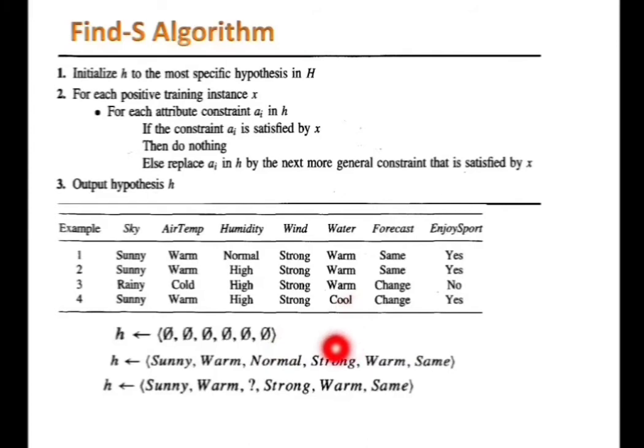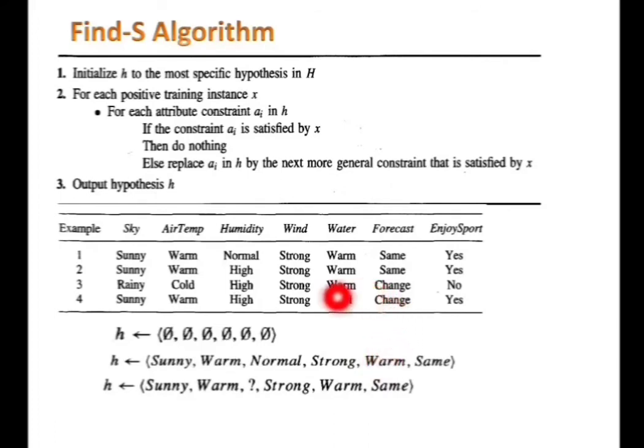Next we have strong here, here also strong, but in the hypothesis we have warm here, and the training example has the value cool, so either cool or warm should be accepted, hence this warm should be replaced with a question mark.